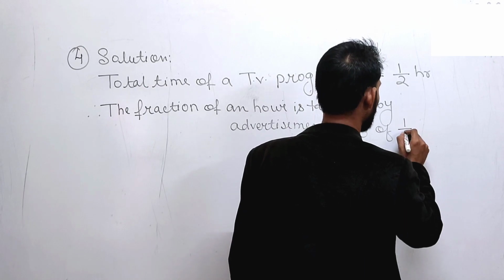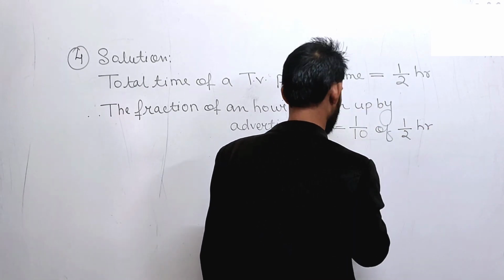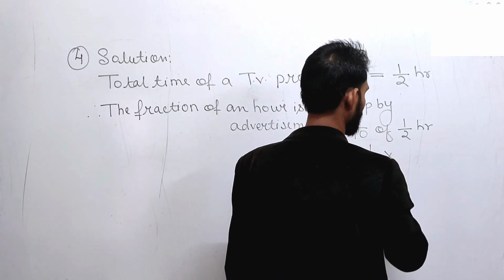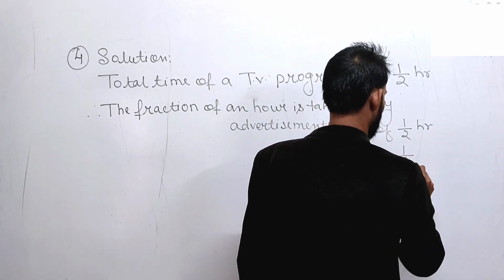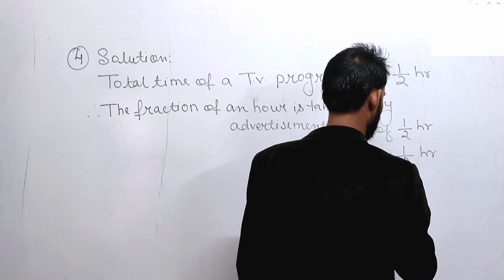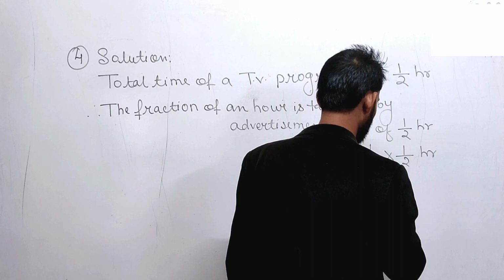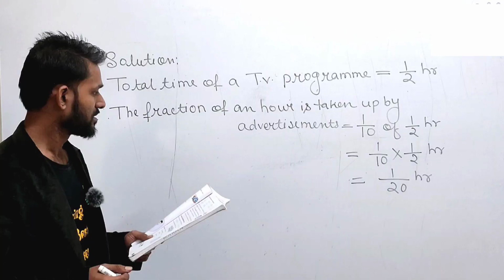So 1/10 of half hour, which equals 1/10. Now, of means multiply. So half hour, which equals 1 into 1, that is 1, and 10 into 2, that is 20 hour.